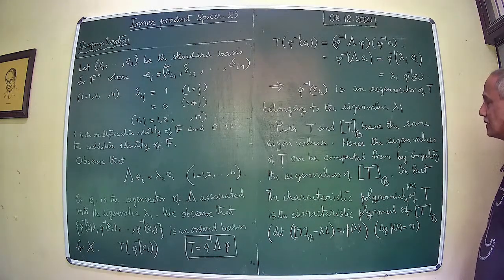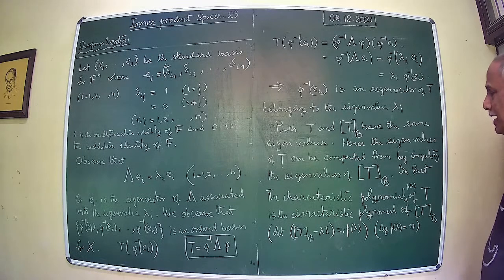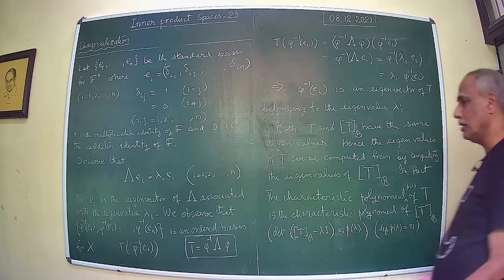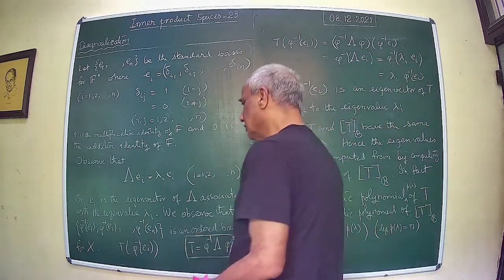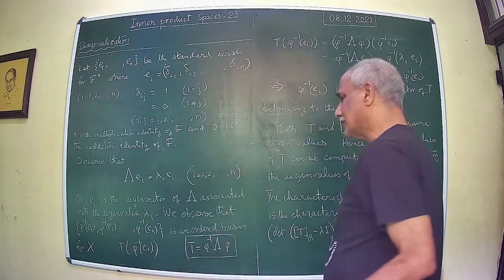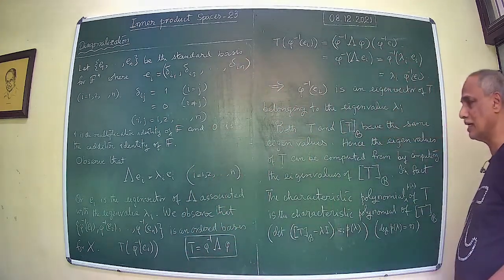So you see that both T and phi inverse of Ei would give you the ordered basis with respect to which T has the diagonal representation lambda.